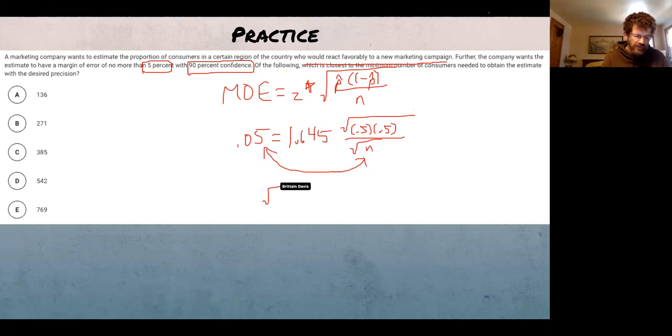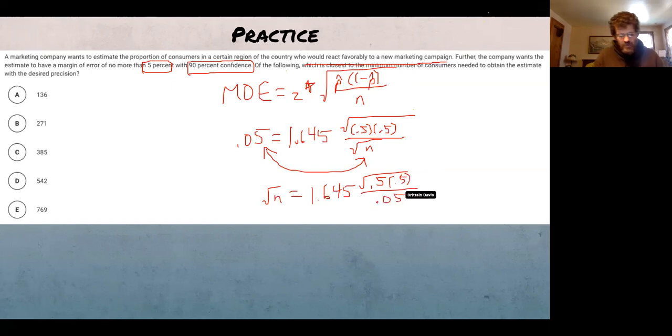It says that the square root of n is equal to 1.645 times the square root of 0.5 times 0.5, divided by 0.05. So now we have all the numbers on the right, our variable on the left. You can do that calculation.